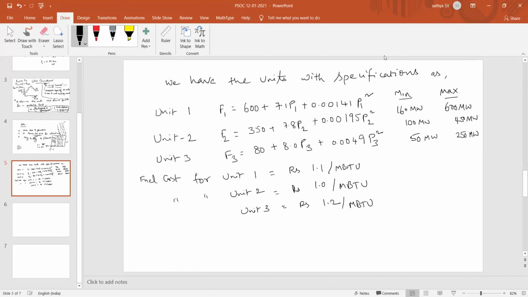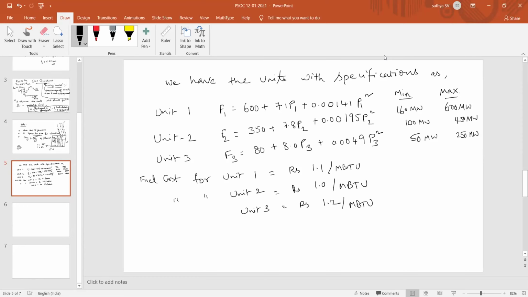And what they gave: 3 units, right? F1, F2, F3, they clearly mentioned the equations, the minimum and maximum values 160, 600, 100, 450, 50, 250, and the fuel cost for each unit.